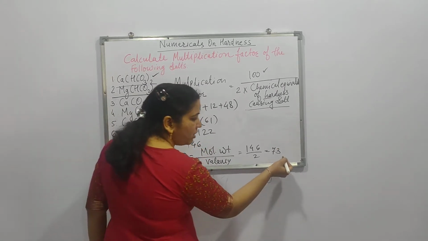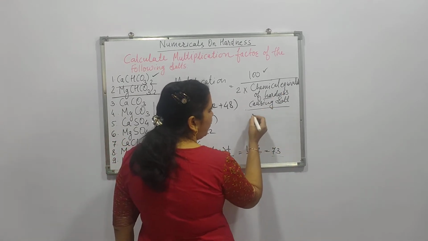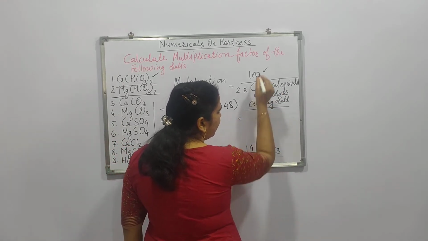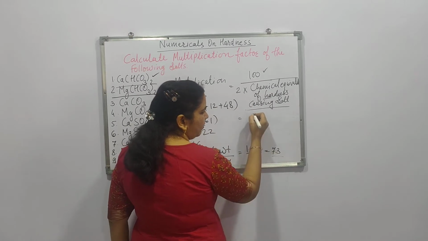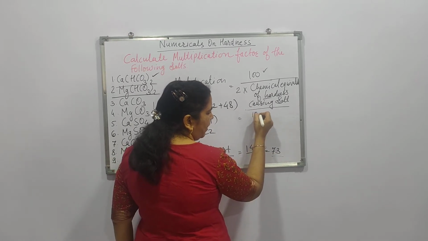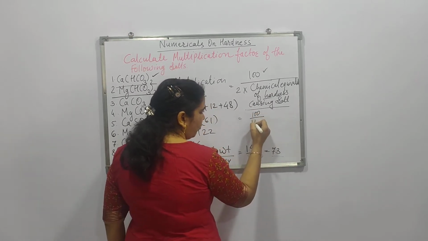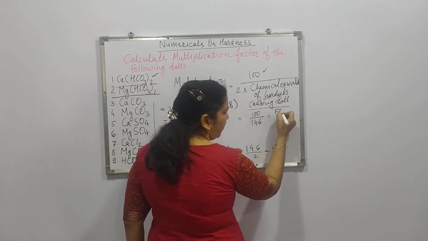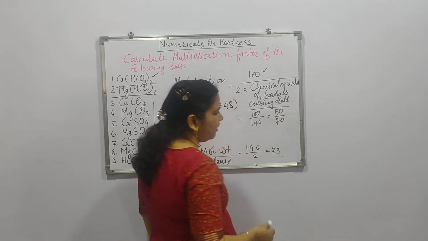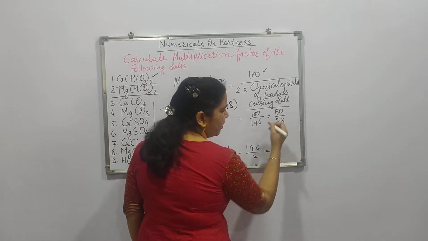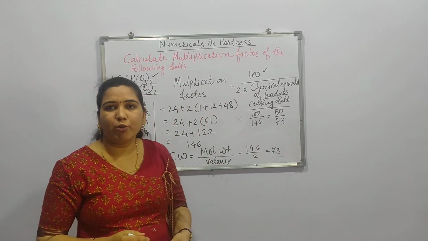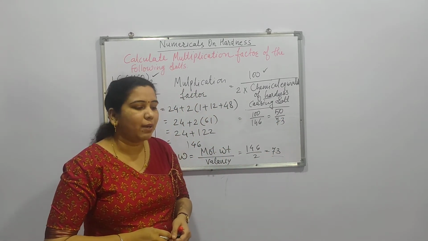If we put this value here, we get 100 upon 2 into 73, that is 100 upon 146 or 50 upon 73, which is the multiplication factor for magnesium bicarbonate.